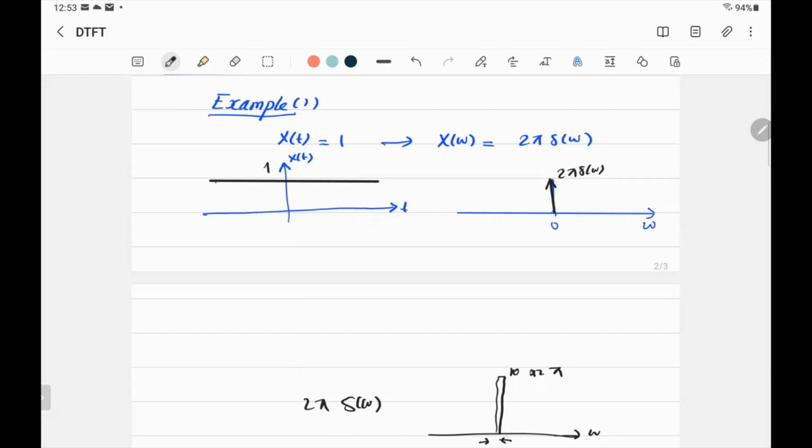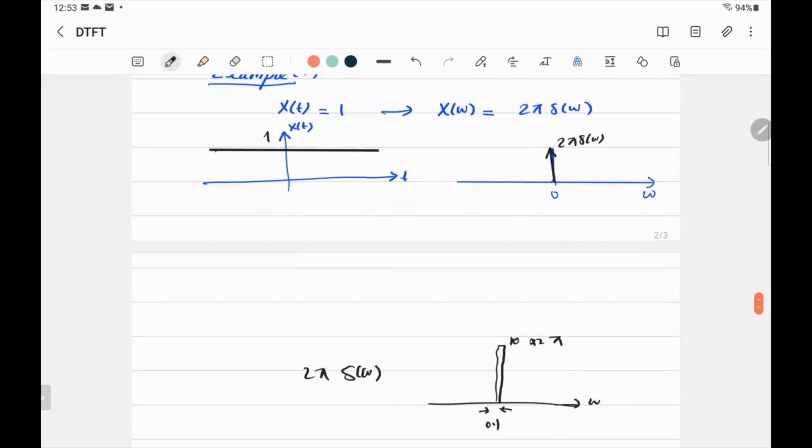Because when you have a constant 1, it's DC. It has an impulse at DC, and the height of it is 2 pi. We use delta of omega, which is very important. It means it exists only at omega equals 0, only the DC component. You have to understand the meaning of what's happening, not just put in numbers and that's it. No.